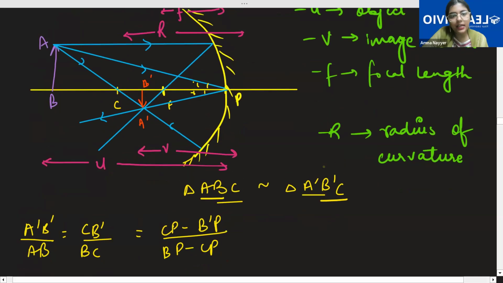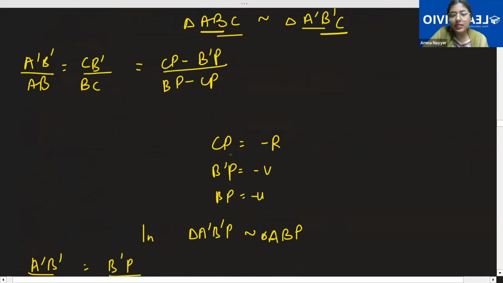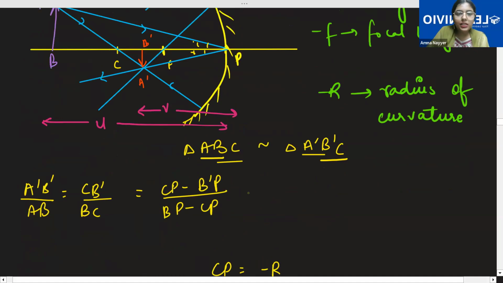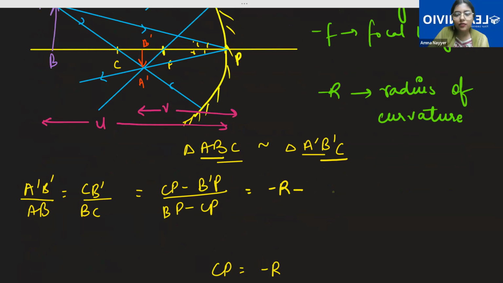So what was our CP? CP is minus R, B'P is minus V, BP is minus U. So I'll put the values here. CP is minus R, minus B'P is V, so minus of V. See, minus sign from the formula and this minus sign from the sign convention. Got it? Yes, ma'am. Divided by BP was minus U, minus.